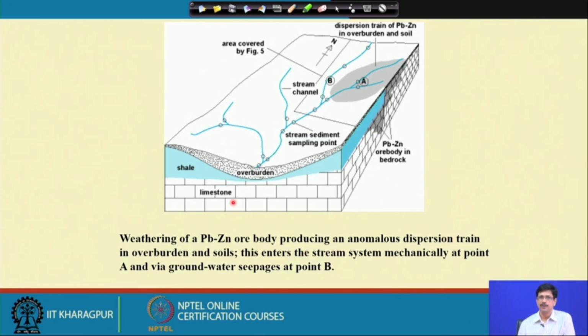So, here we will essentially be sampling the train which is found by this river, and we can trace back. If we look into the sediments of this particular order streams, we will not get anything, and we only get it in this one, and that is how it will make us reach the target that we are looking for.